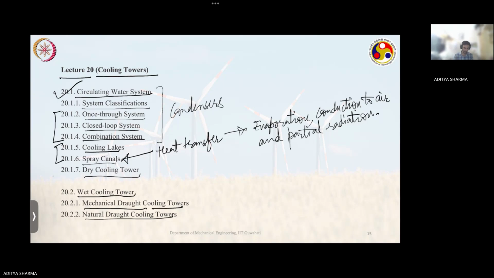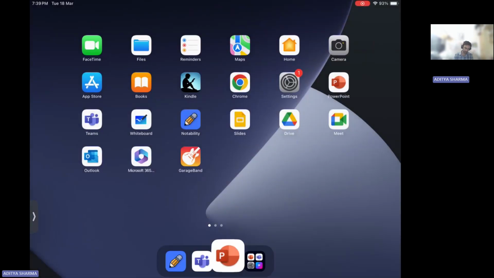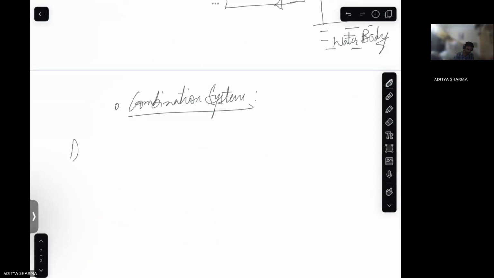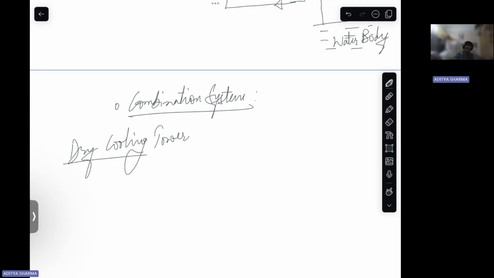Then is your dry cooling water. So what is the difference between dry cooling water and wet cooling water? So dry cooling tower and wet cooling tower.